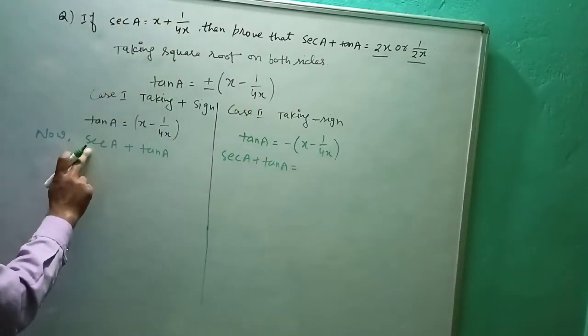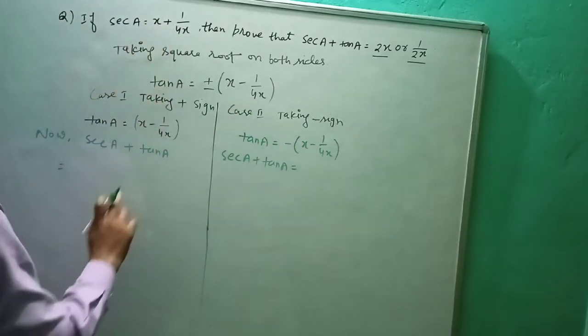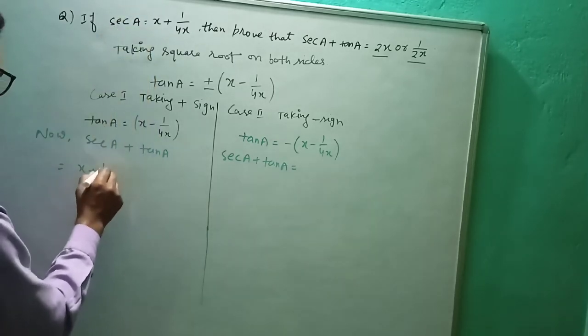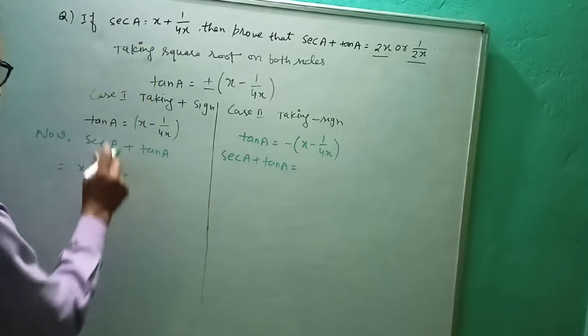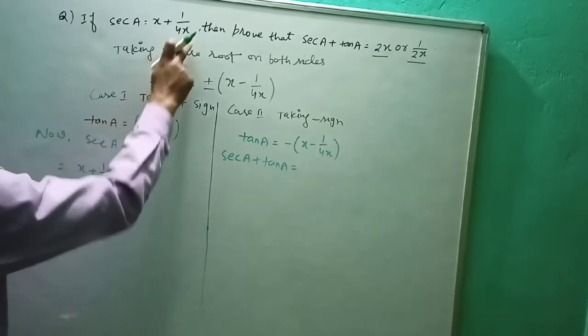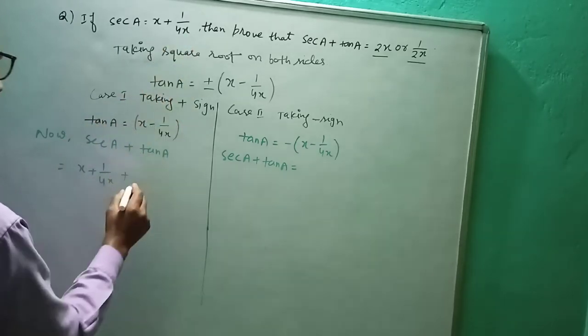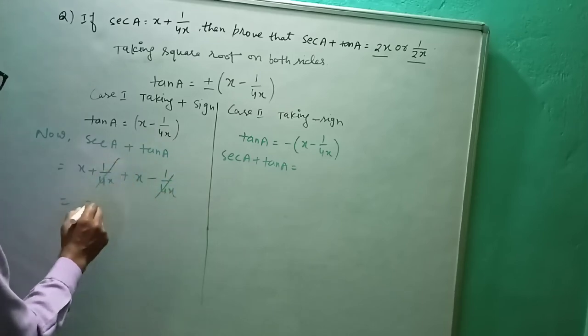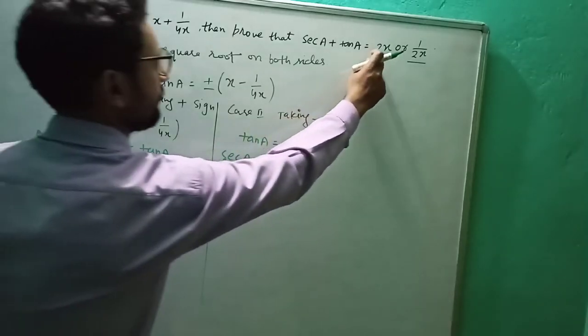In the first case, sec a is always this; the only thing that will change is 10a. If I take the positive 10a, I get x minus 1 upon 4x, so they cancel each other and you get 2x. So you have obtained 2x.